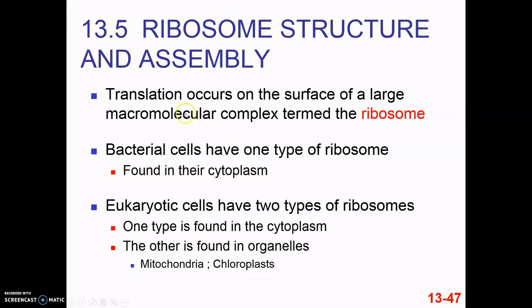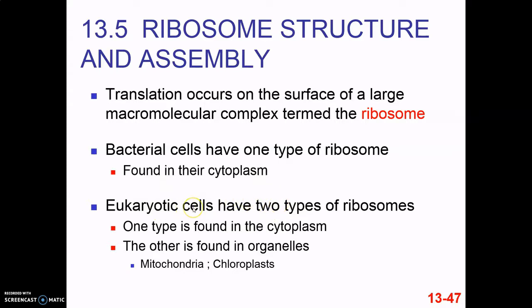All right. So, translation occurs on the surface of a large macromolecular complex that we call the ribosome. Now, bacteria only have a single type of ribosome, but eukaryotic cells have several distinct types of ribosomes.